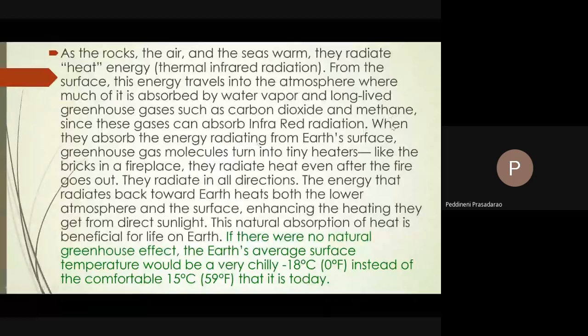When they absorb the energy radiating from the Earth's surface, greenhouse gas molecules turn into tiny heaters, like the bricks in a fireplace.